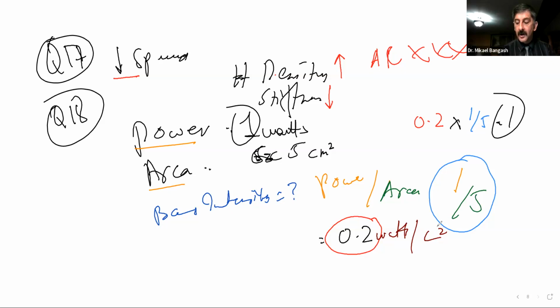Now, what could the question have been to make answer number 1 correct? We could have said that you had a power of 25 watts divided by an area of 5 square centimeters. Then option E, which is 5 watts per centimeter squared, would have been the right answer.